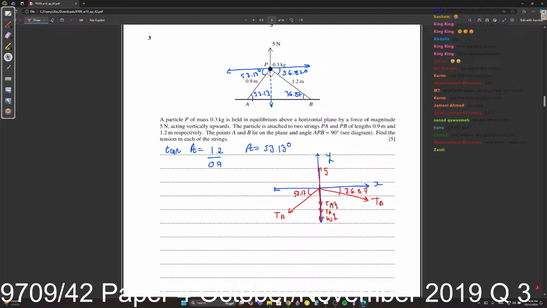Okay, you have this here. Let me resolve the forces now. TA. If this doesn't work, I'll try using Lami's equation.